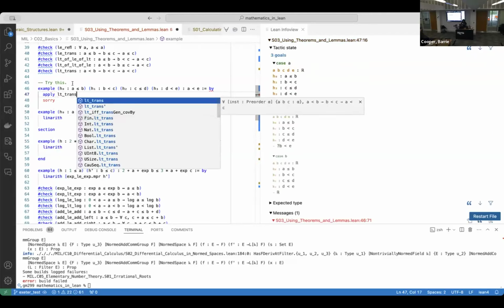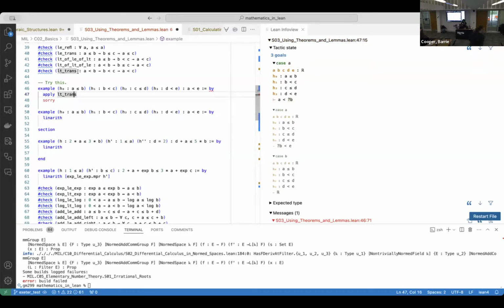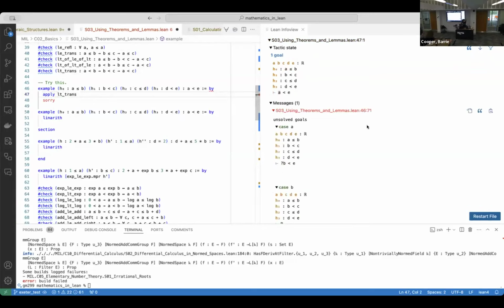So let's see what the apply tactic does. We want to use this theorem less than trans. What it does is it looks for the conclusion of the theorem, and the conclusion matches the goal. I guess it's called unification or something. I'm not a computer scientist.